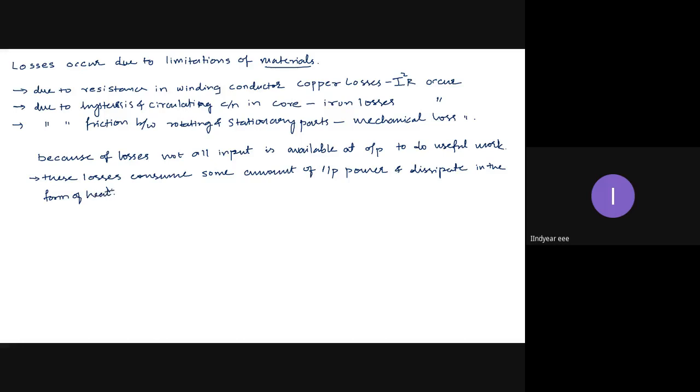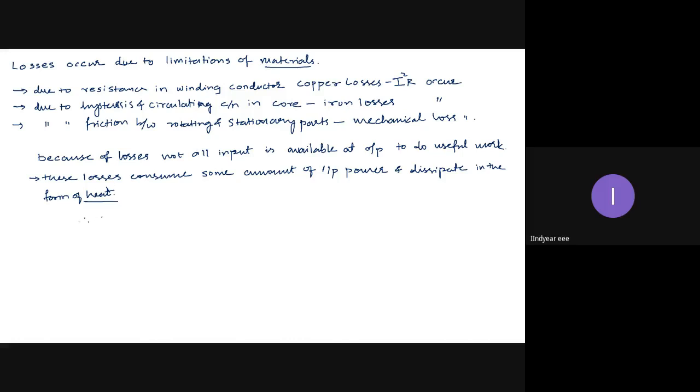Okay, so losses mean heat. Power loss means heat dissipation. So all the losses will form heat only. The energy is lost in the sense that it is lost in the form of heat. Because of this, temperature rise in the machine occurs.